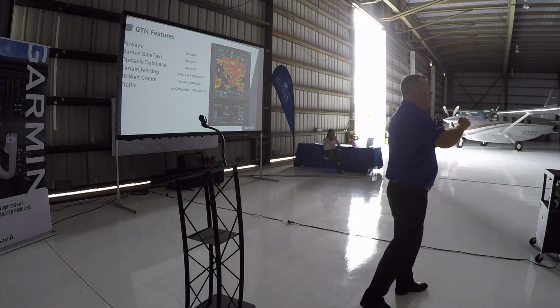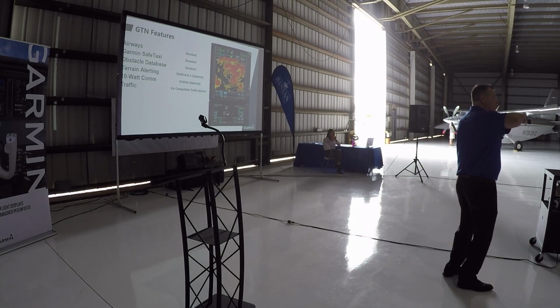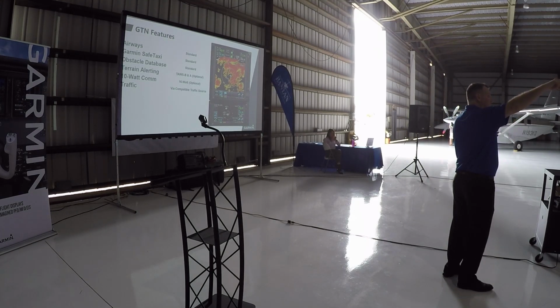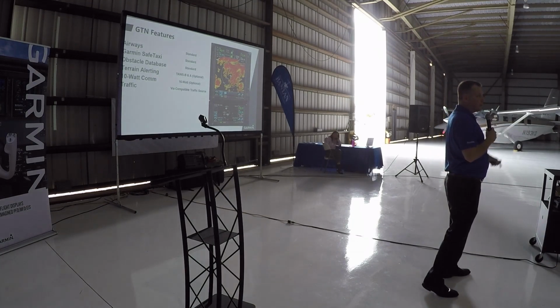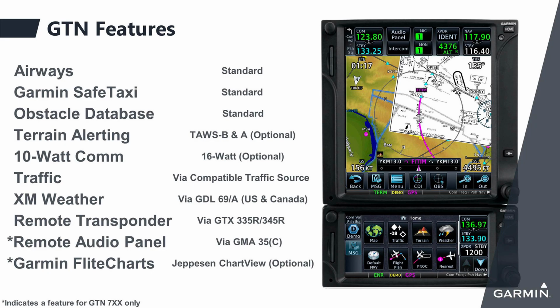So you can be detecting a target 80 miles away, but when it gets within 15 nautical miles of your airplane, it automatically adds the target trend vector so that you're getting the benefits of both systems on one screen.